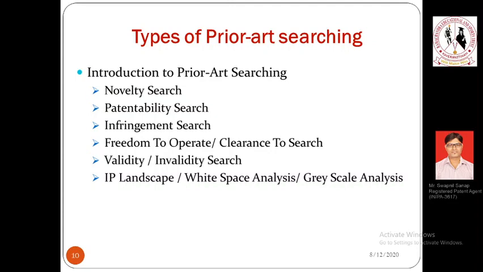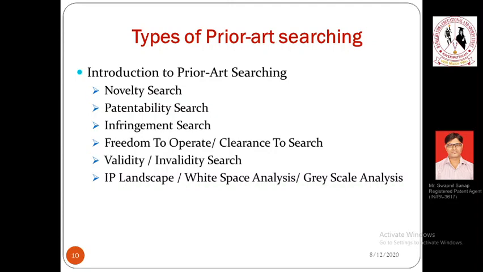Clear? Let me reiterate. Invalidity search is a search which is performed by a competitor, not the person who owns the patent. In contrast, the validity search is performed by the person whose patent it is, or for whom a patent is granted, right?